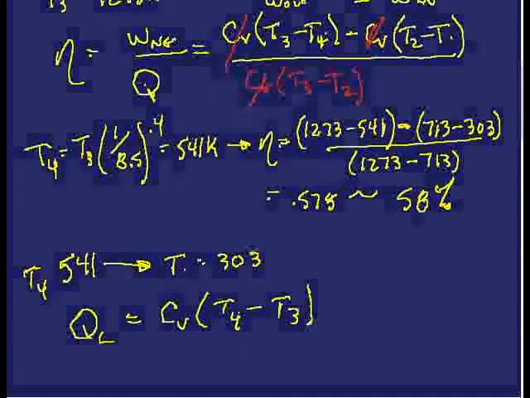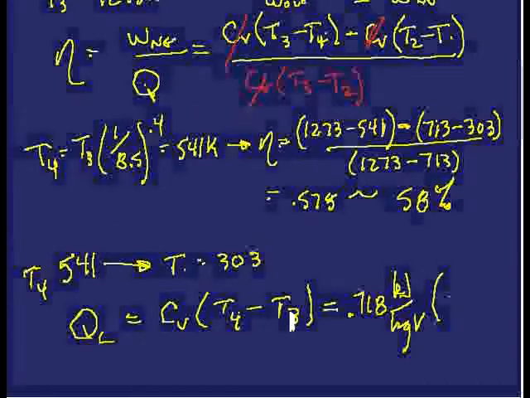Of course, the other way to get it would be just to subtract the net work from the QH. But this is simple enough, so that's equal to 0.718 kilojoules per kilogram Kelvin times, I'm sorry, that's T4 minus T1 here.